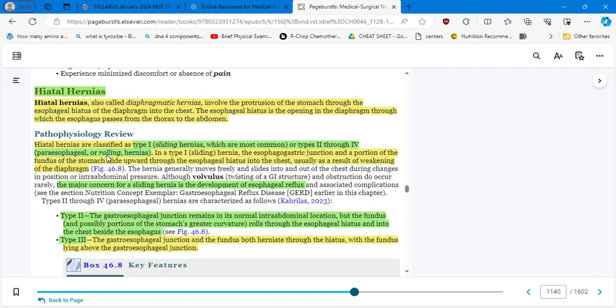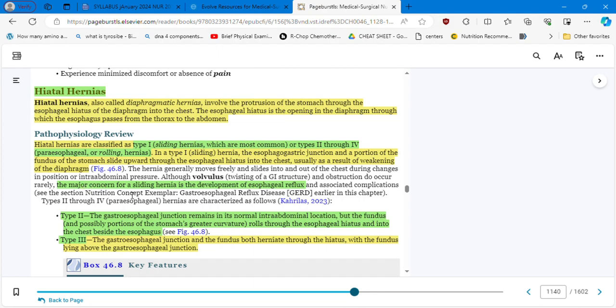Pathophysiology: hiatal hernias are classified as sliding hernias, which are most common, or types 2 to 4, paraesophageal or rolling hernias. In type 1, the one we saw in the middle, the sliding hernia, the esophagogastric junction and a portion of the fundus of the stomach slide upward through the esophageal hiatus into the chest, usually as a result of weakening of the diaphragm.